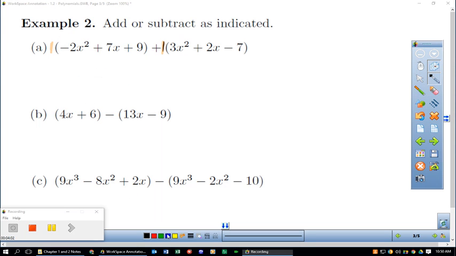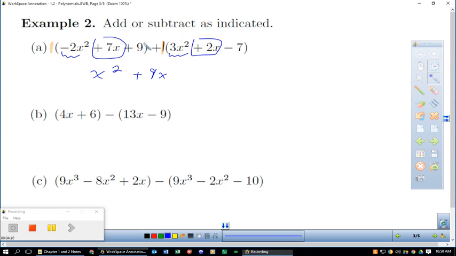So we can just combine negative 2x squared plus the 3x squared, which is 1x squared, or just x squared. Next we have plus 7x plus 2x, so that comes out to 9x. And then plus 9 minus 7, so we get plus 2.